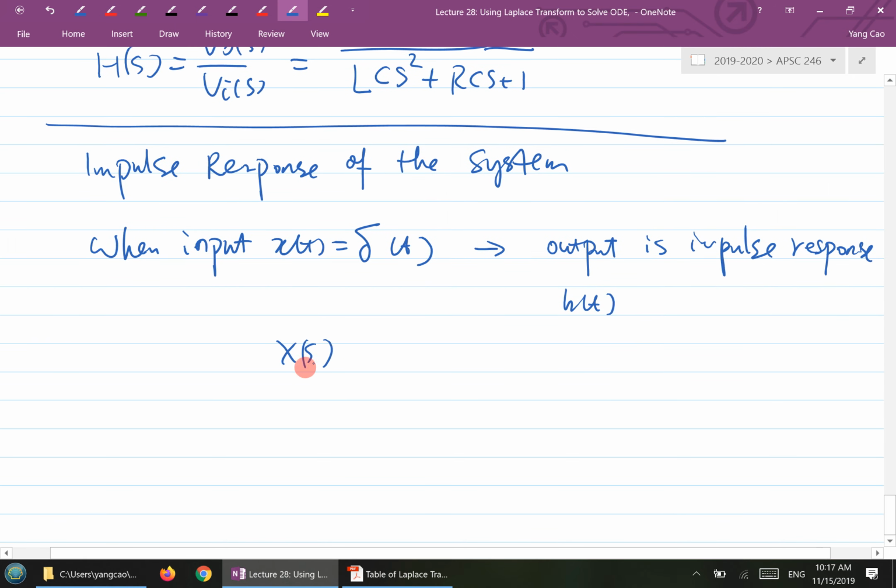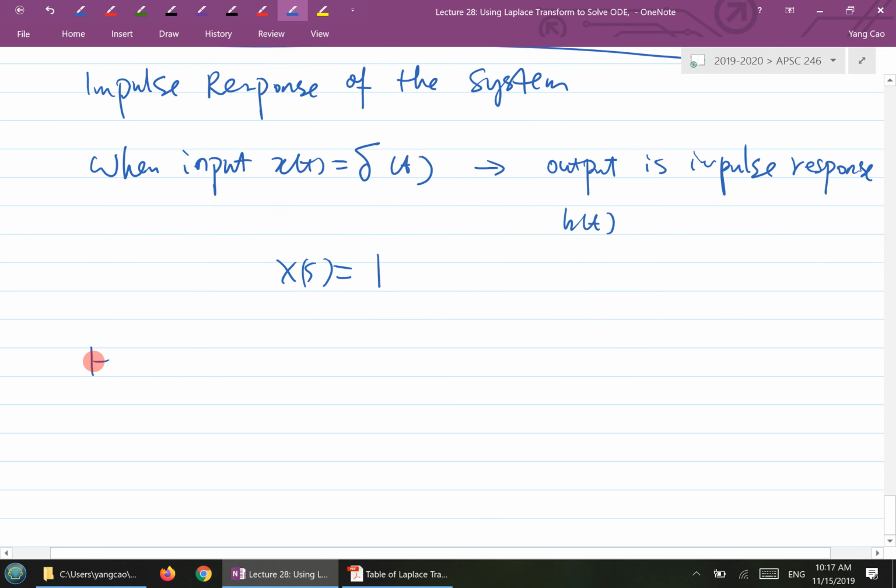So what is the Laplace transform of delta t? It's 1. If you look at the table, the Laplace transform is 1. And now we have already learned the definition of a transfer function: the ratio between y and x is the transfer function.